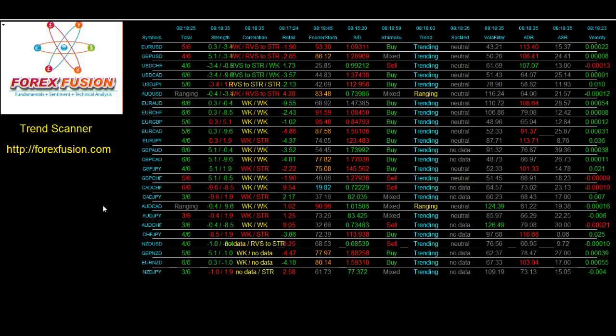It's important to be able to tell if the scanner is able to pull updated data from the Forex Fusion servers, because if you unknowingly had outdated data, it might cause erroneous trades or erroneous things for you to look at that are just based on inaccurate or outdated information, and we don't want that.